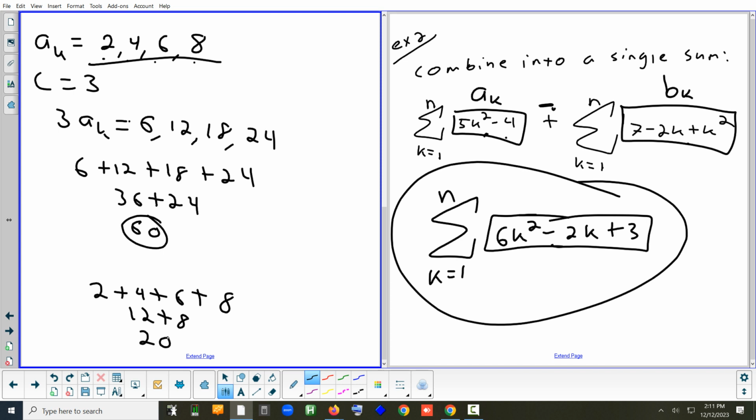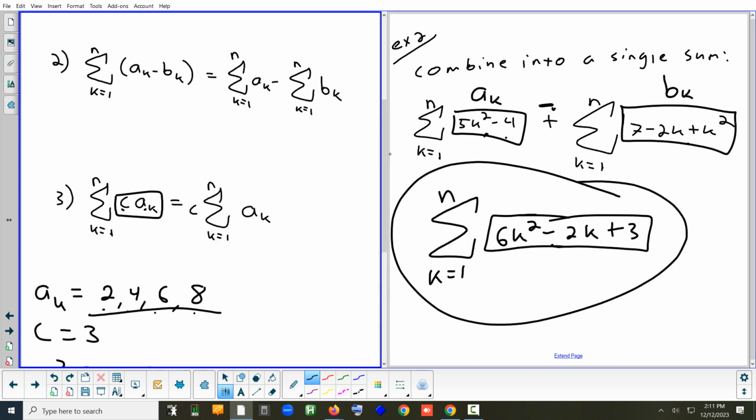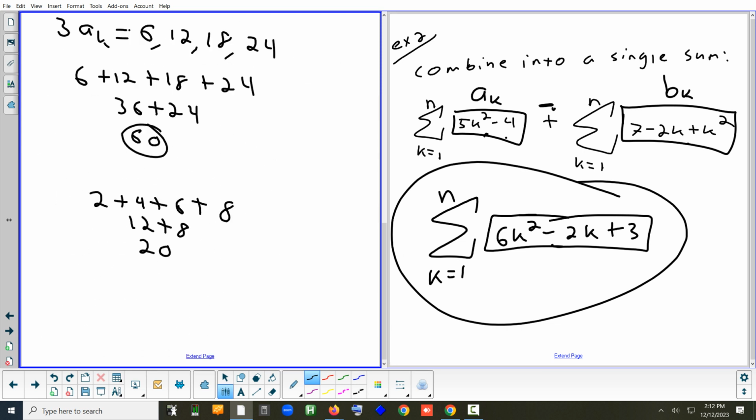So we get 20. We added up all the numbers in the sequence. Now, take the answer we just got and triple it. So what do we get if we triple 20? 60. You get exactly the same thing we did up above.